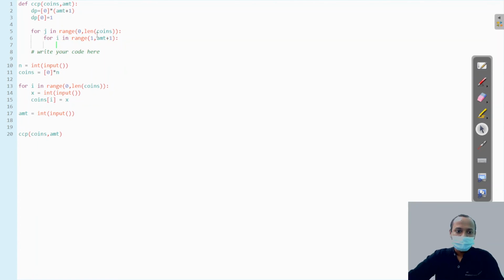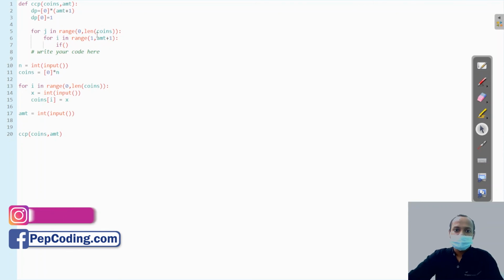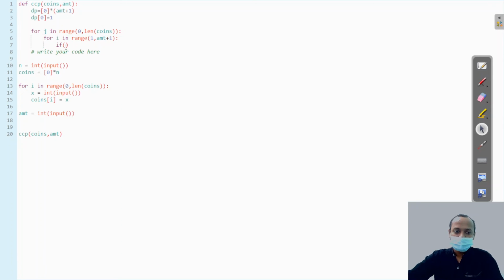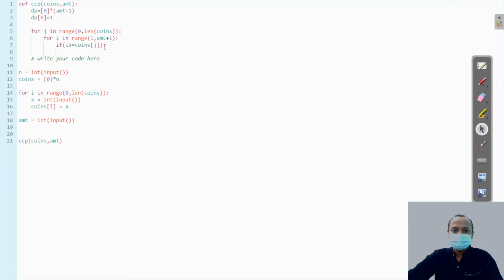Now what is the condition to take the coin? If i is greater than or equal to the value of the coin, coins of j, then we can add this coin to our answer.